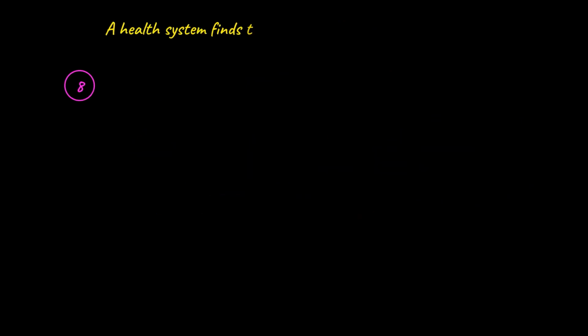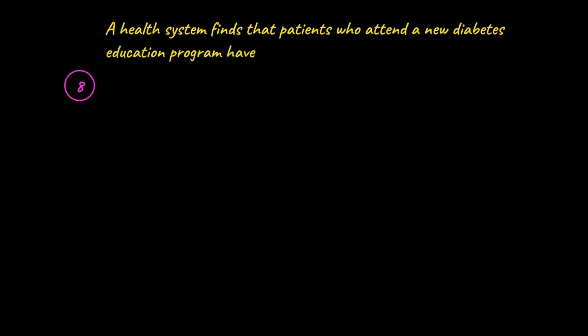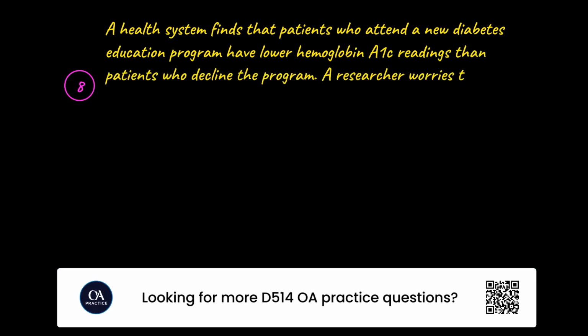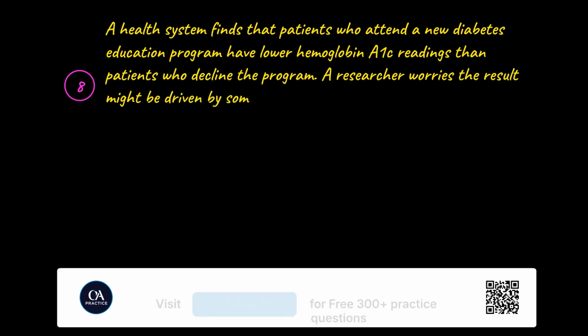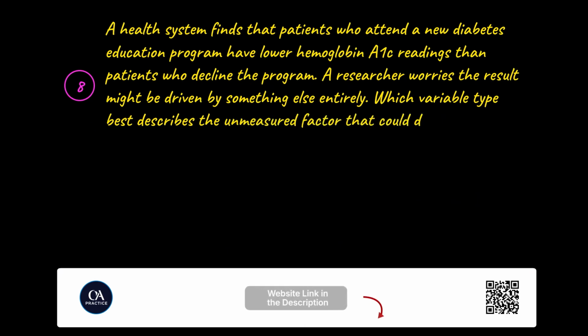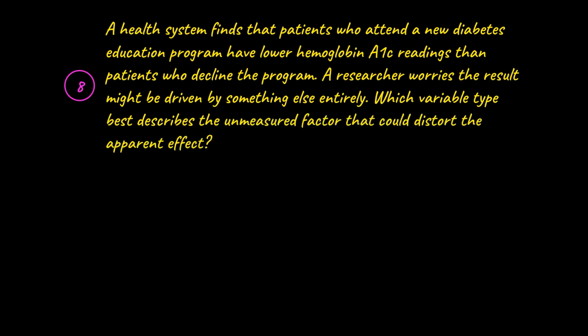Question 8. A health system finds that patients who attend a new diabetes education program have lower hemoglobin A1C readings than patients who decline the program. A researcher worries the result might be driven by something else entirely. Which variable type best describes the unmeasured factor that could distort the apparent effect?